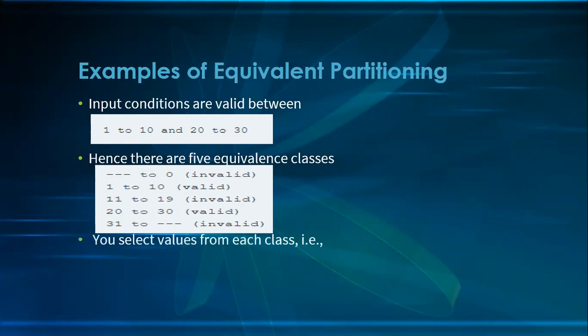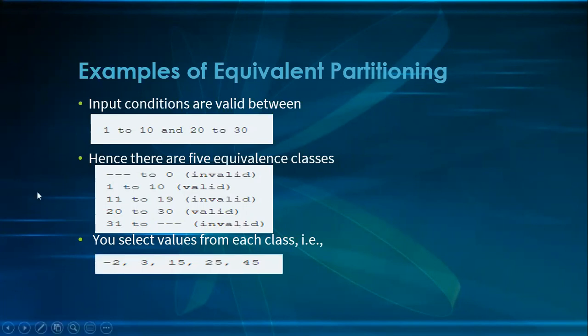So you select values from each class. From the first one, I take -2. I can take -1, and I will test that. For the class 1 to 10, let's say I take 5. It's still a valid scenario. For 11 to 19, let's say I take 16. For 20 to 30, let's say I take 21.